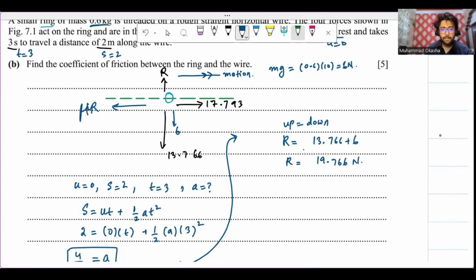Now, because the motion is towards the right, let's work out the resultant force. Net force is equal to forces supporting the motion minus forces opposing the motion, and net force is equal to MA. We already know A as well.